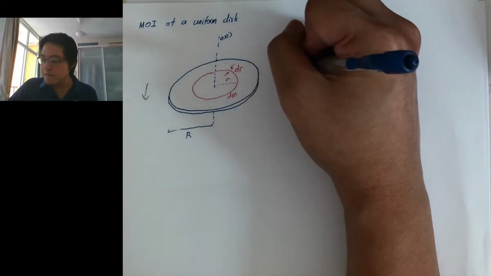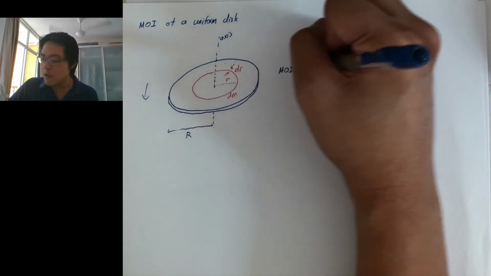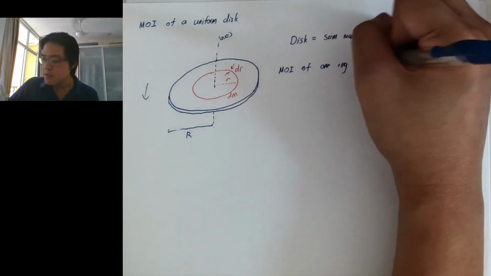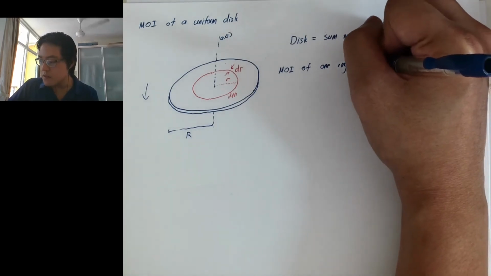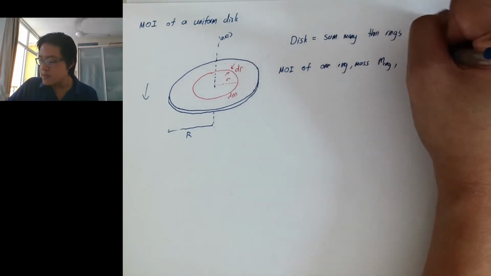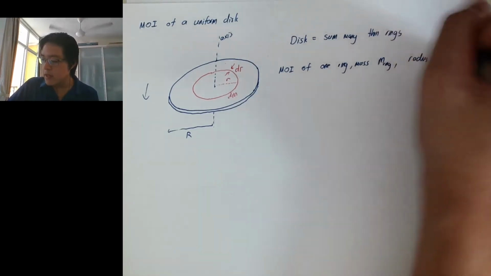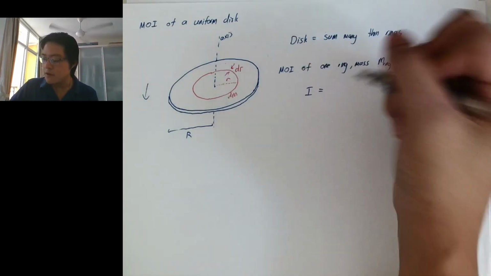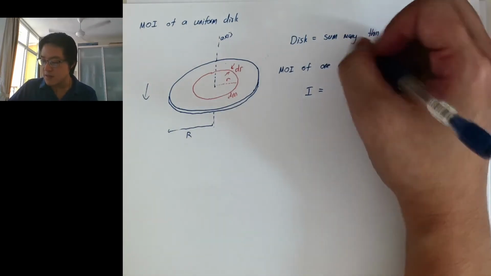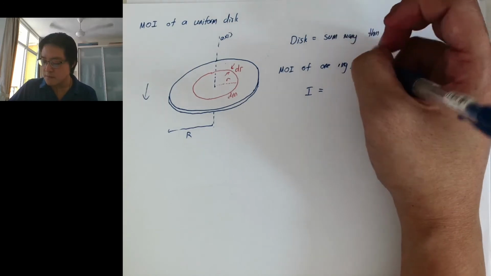So we start with the moment of inertia of one ring of mass m ring and radius r. And we have found the moment of inertia to be, what was it? It's mr squared, right?